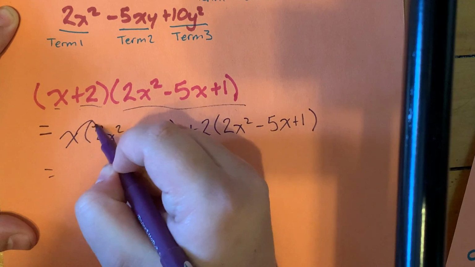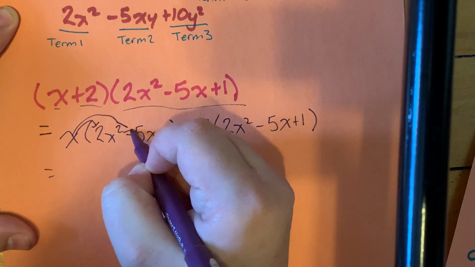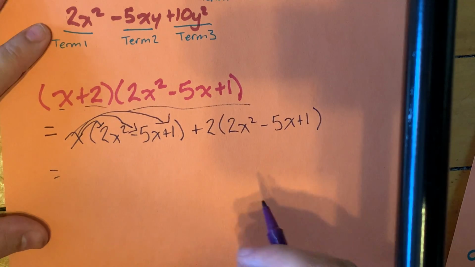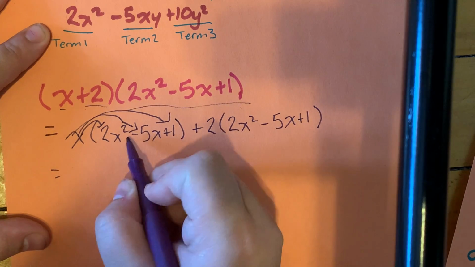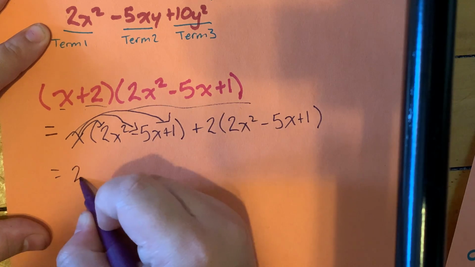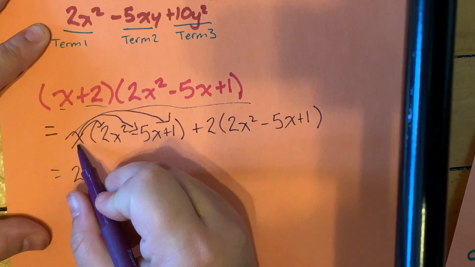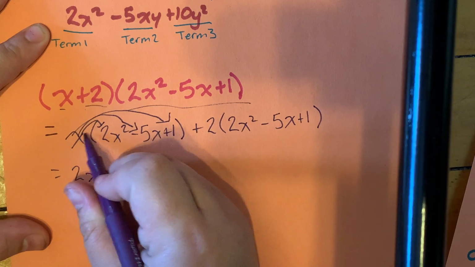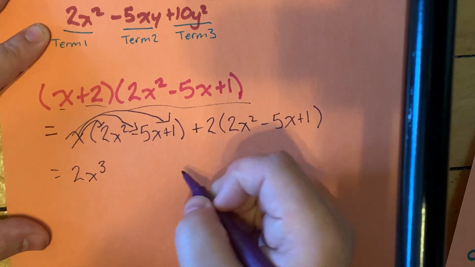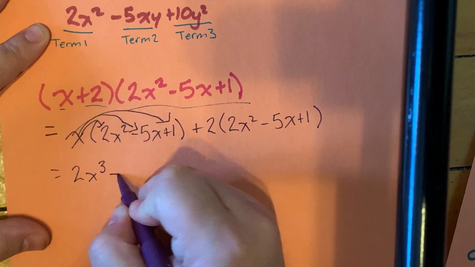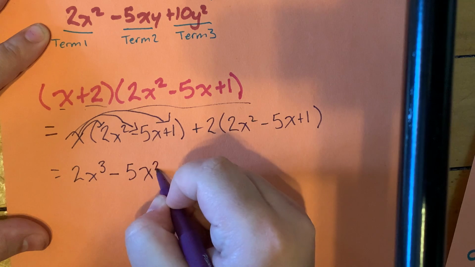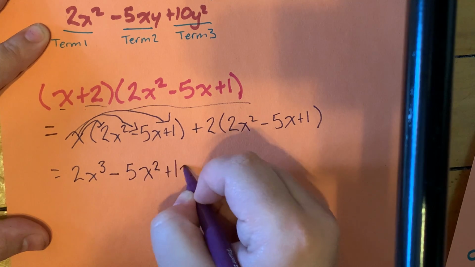We are going to distribute this x to each of the terms inside of the brackets. So 2x squared times x is like saying x times x squared, where we now know that we add our exponents. So 1 plus 2 is 3, take away 5, x times x is x squared, plus 1x.